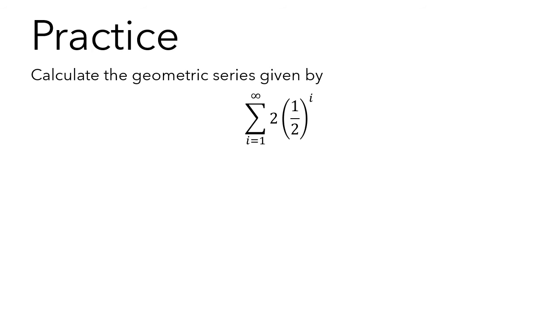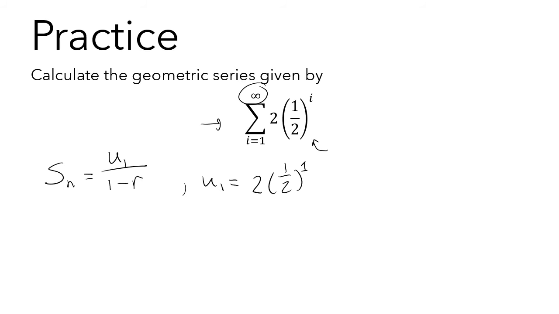Okay, calculate the geometric series given below by this summation. So we see that it's tending towards infinity, and we also see that our ratio is less than the absolute value of 1. So we know that we're going to use our second derived formula, which is u1 divided by 1 minus r. My u1 here is going to be 2 times 1/2 to the 1 power.